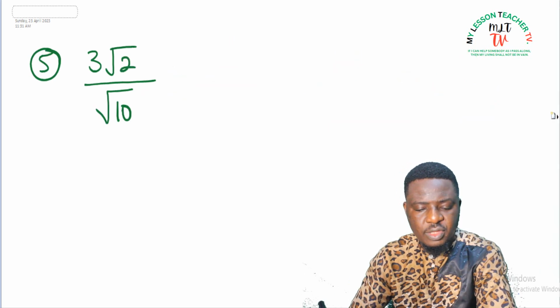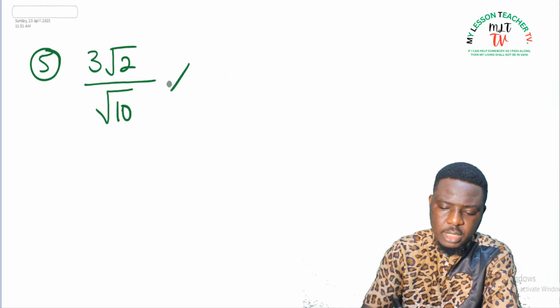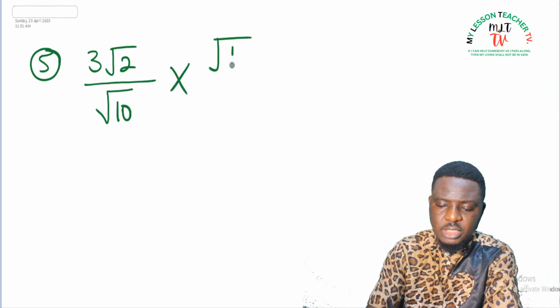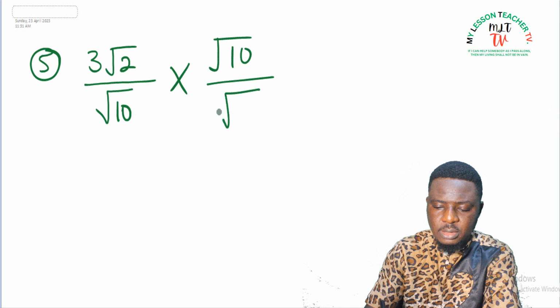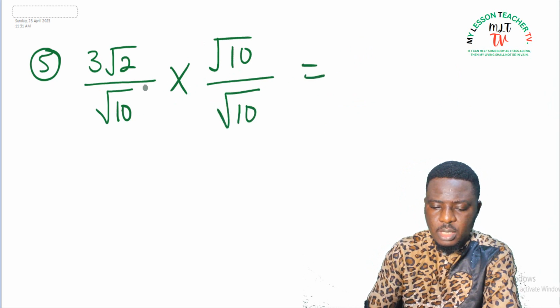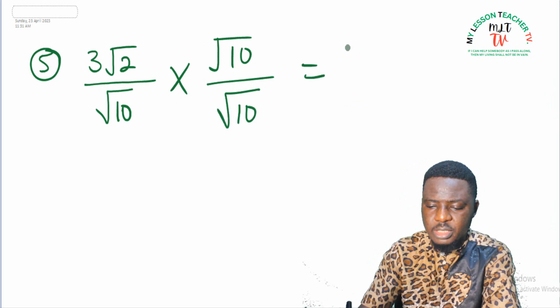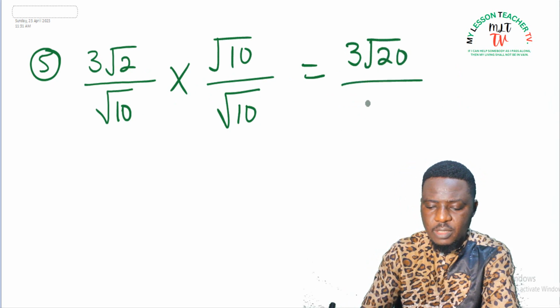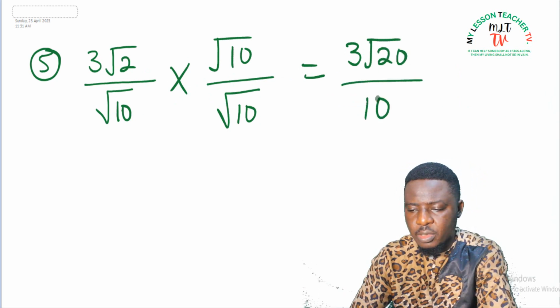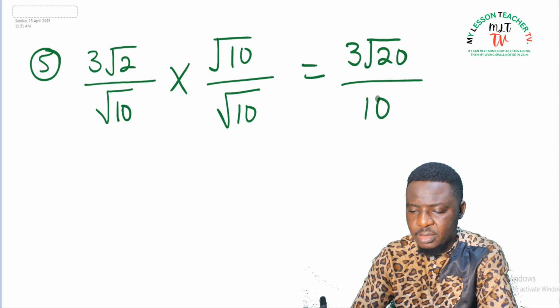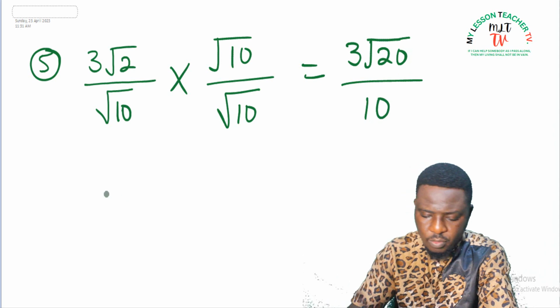5, we have 3 root 2 divided by root 10. You multiply both the numerator and denominator by root 10. And when you multiply the numerator, this gives you 3 root 20 divided by 10. There is no factor that can divide 3 and 10, so you still reduce root 20 to its basic short form.